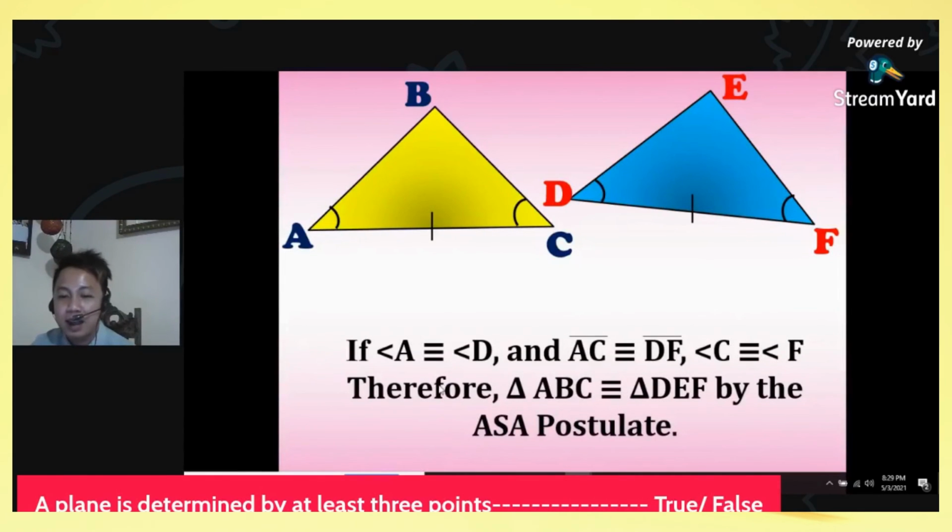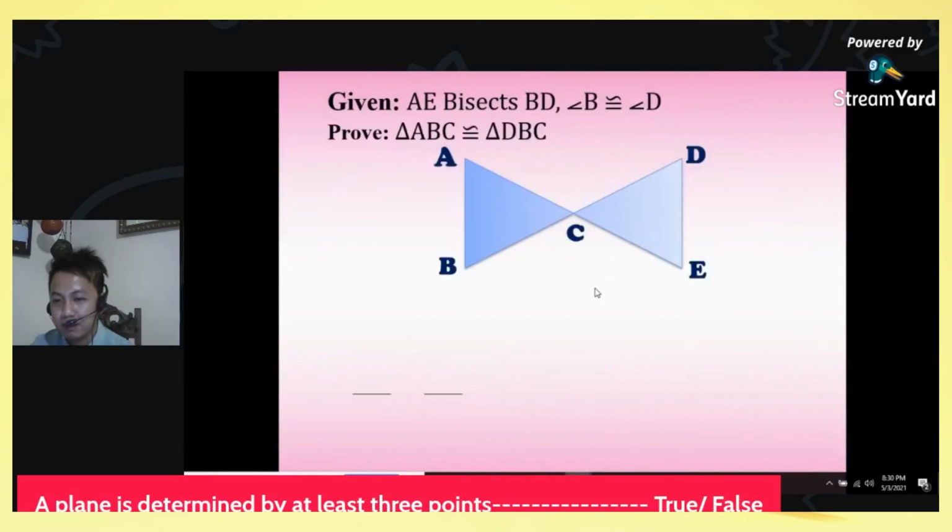Example, we have angle A is congruent to angle D, and side AC is congruent to side DF. Angle C is congruent to angle F. Therefore, triangle ABC is congruent to triangle DEF by the ASA postulate, or the angle-side-angle postulate.